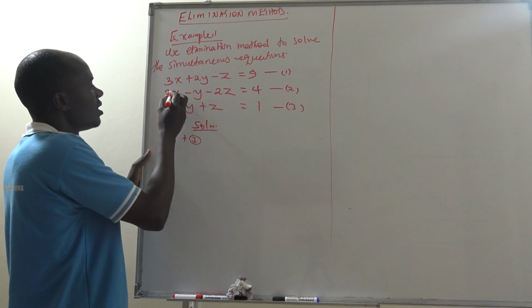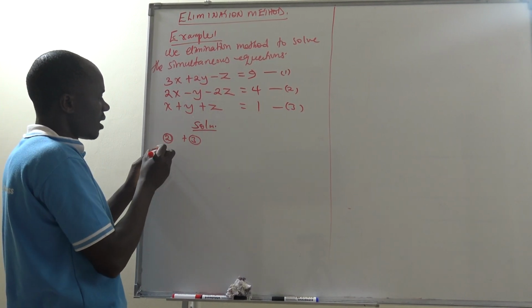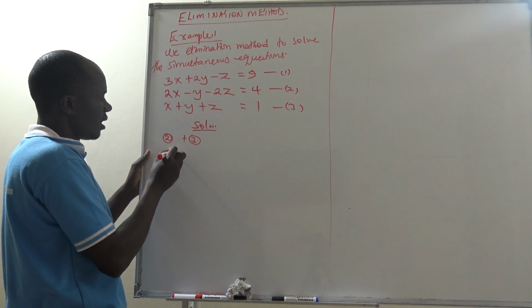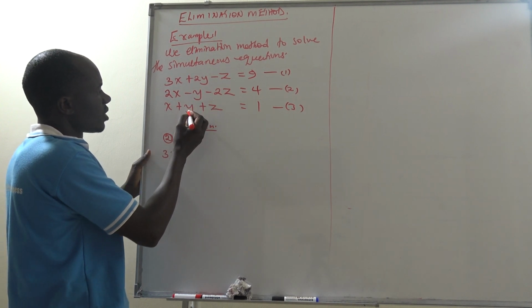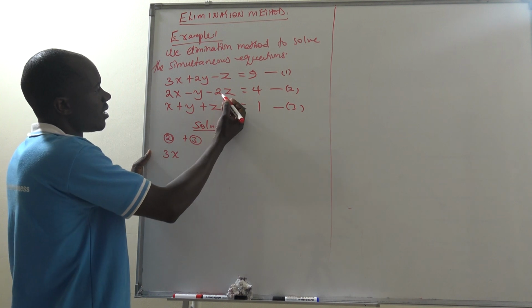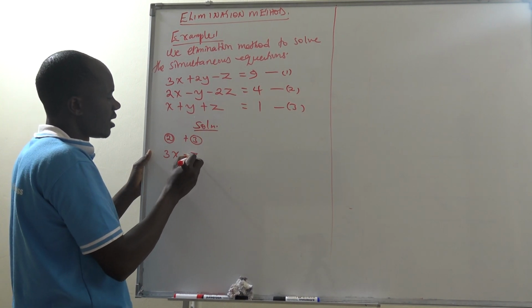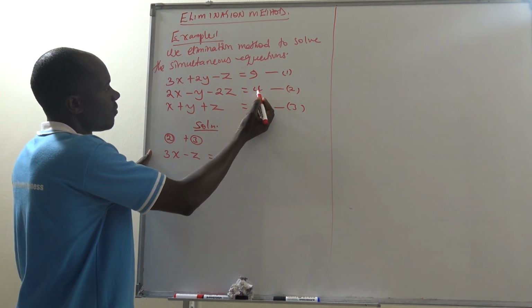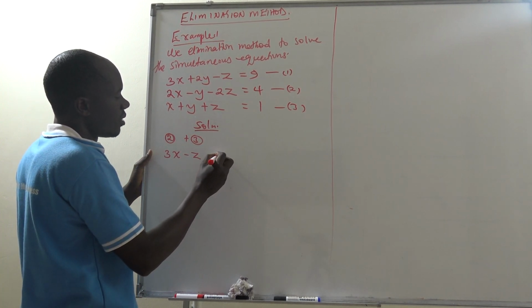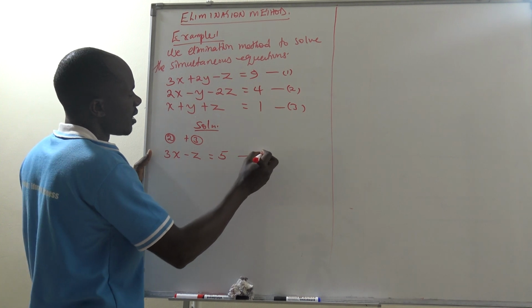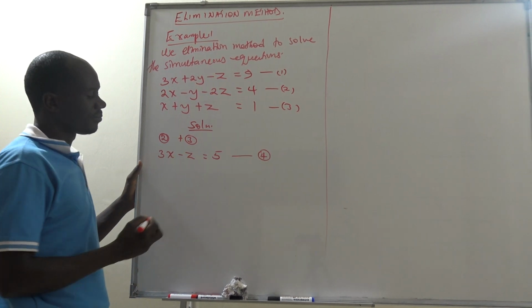When we add 2x plus x, we get 3x. Negative y plus y goes. Negative 2z plus z, you get minus z, equals 4 plus 1, you come out with 5. I can call this equation 4.